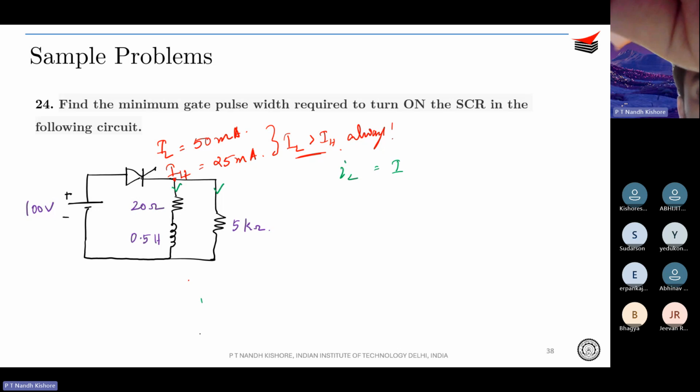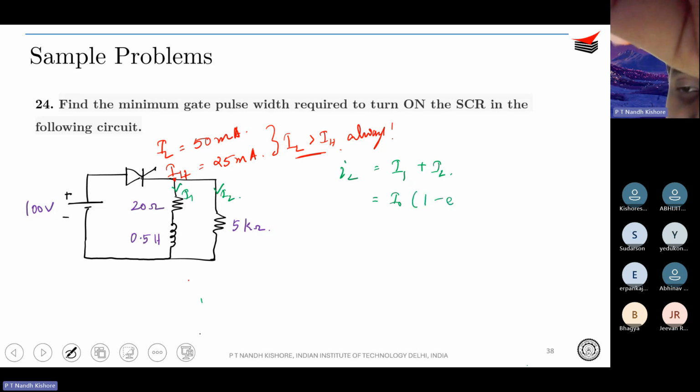So I will write this as I1 plus I2. What is I1? I1 is just an RL branch, so I naught into 1 minus e power minus t by tau, plus I2. I2 is actually simple V by R.